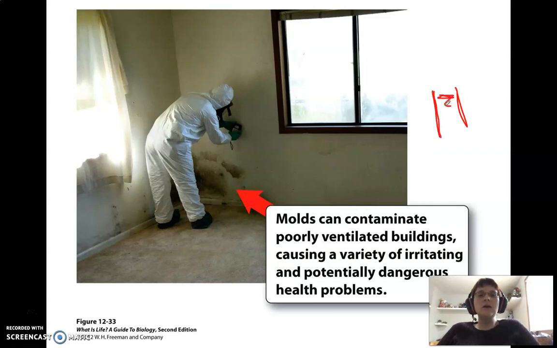This whole center part is mineral gypsum, but those sheets of paper are dead trees. And so the mold can grow on that and eat the dead paper. That's what they're feeding on. Sometimes too, there may be organic matter like hair or skin cells, things like that.